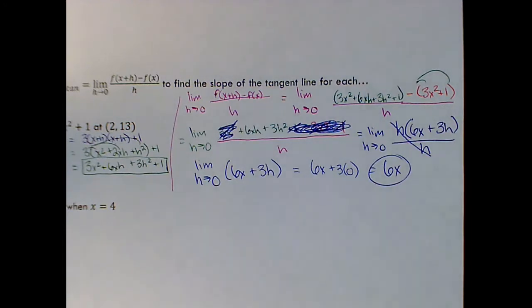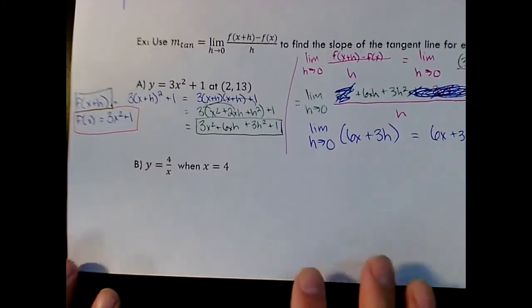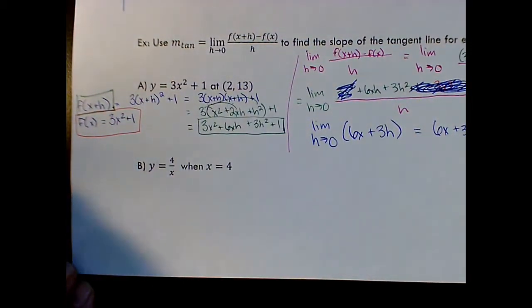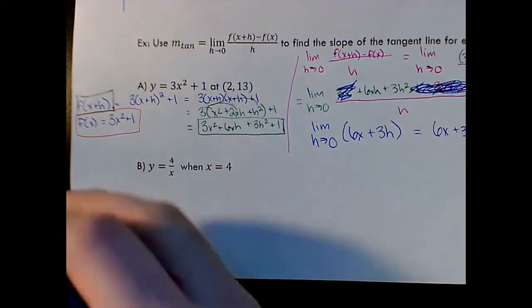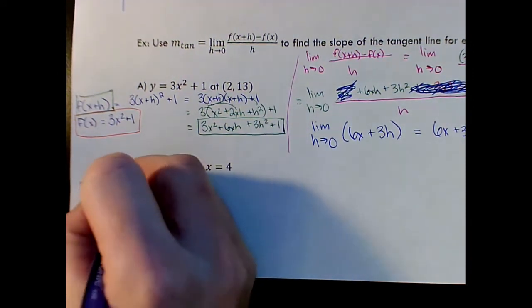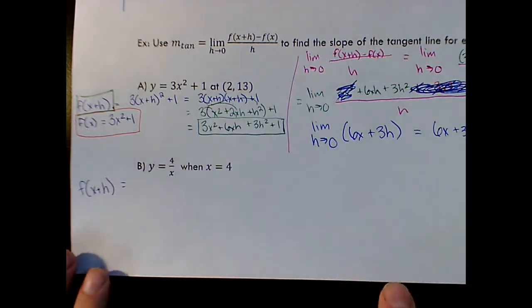Let's do it again. There's my equation. f of x plus h means I take the... Oh, you know what I forgot to do? Let's backtrack. Let's reverse.